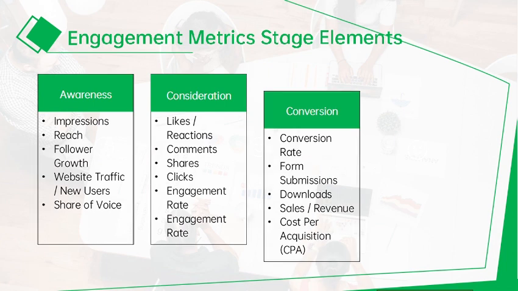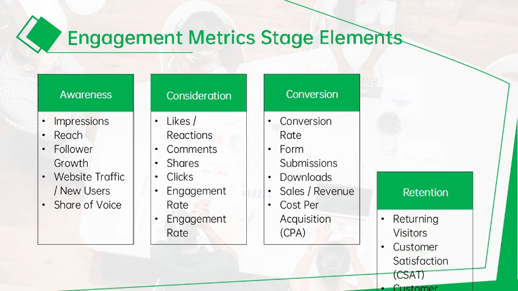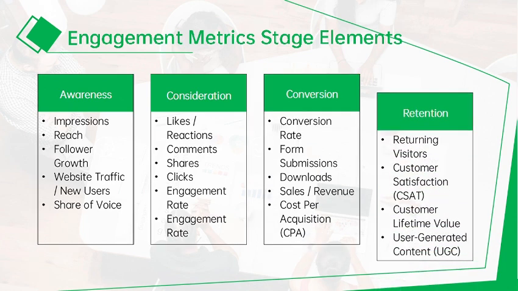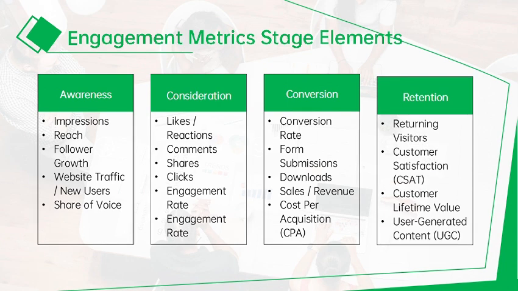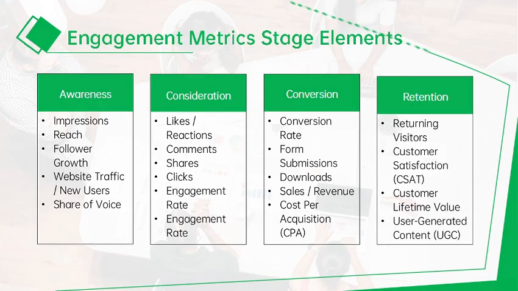During conversion, data such as form submissions, downloads, sales, and cost per acquisition reveal how well your marketing efforts are turning engagement into tangible results. And in retention, metrics like returning visitors, customer satisfaction (CSAT), user-generated content, and customer lifetime value help us understand how strong our ongoing relationships are. Together, these elements provide a complete picture of audience behavior and engagement success.